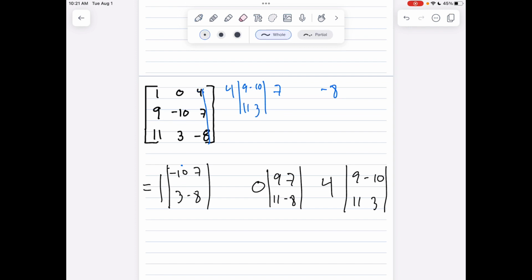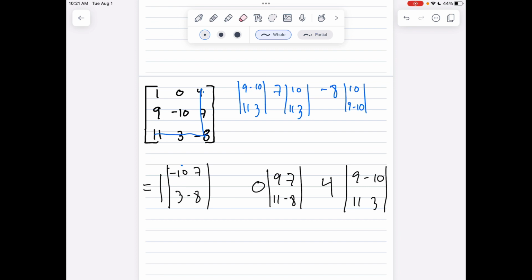Then you go on to the 7, block its row and column, and you would have 1, 0, 11, and 3. And finally for minus 8, you get 1, 0, 9, negative 10. So that's how that expansion would work. It's identical, you just block different things out.